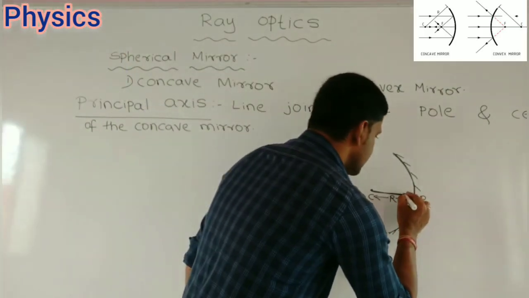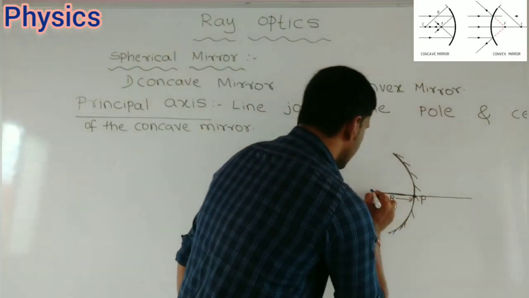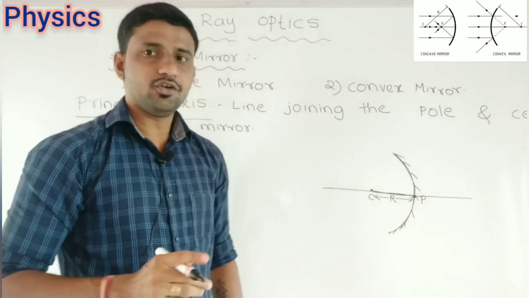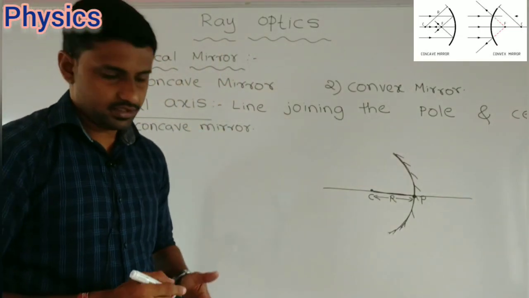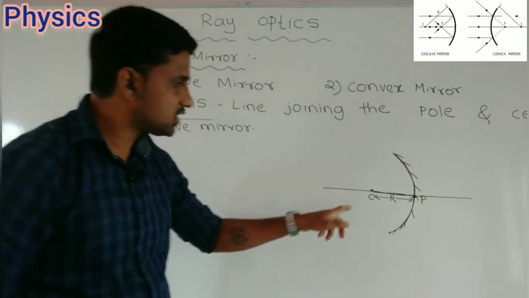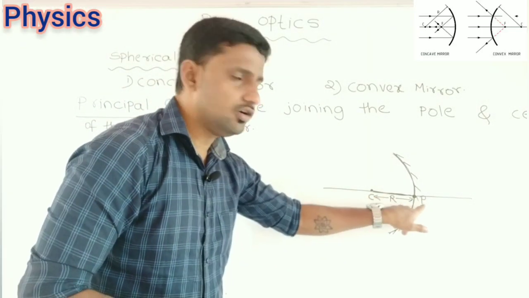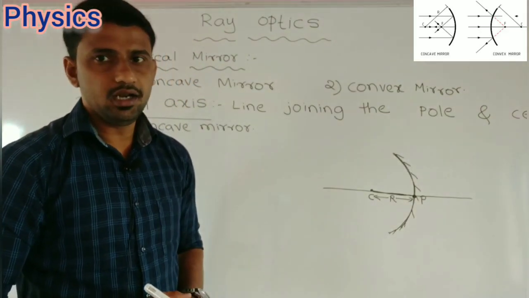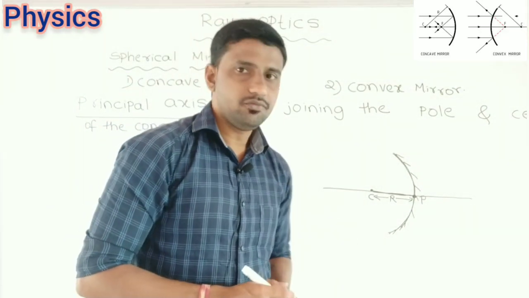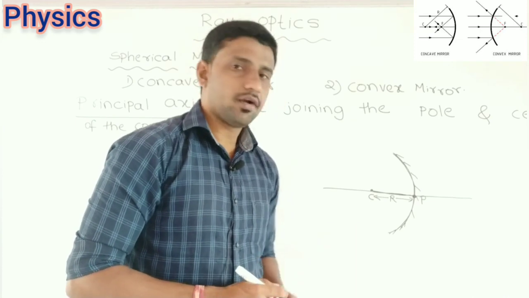I can extend this length from pole to the center, and you can take any length for the principal axis, and that should pass through the center and pole of the concave mirror. That is called a principal axis. That is one of the terms we are using in the case of a concave mirror.